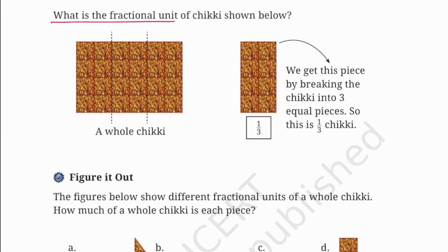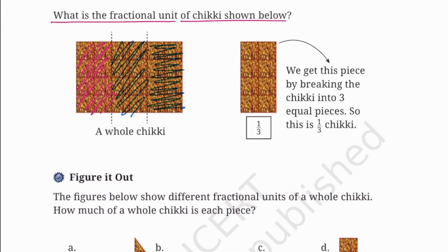What is the fractional unit of chicky shown below? You can see the whole chicky has been divided into 3 parts. 1 part, 2 part, and this one, third part.